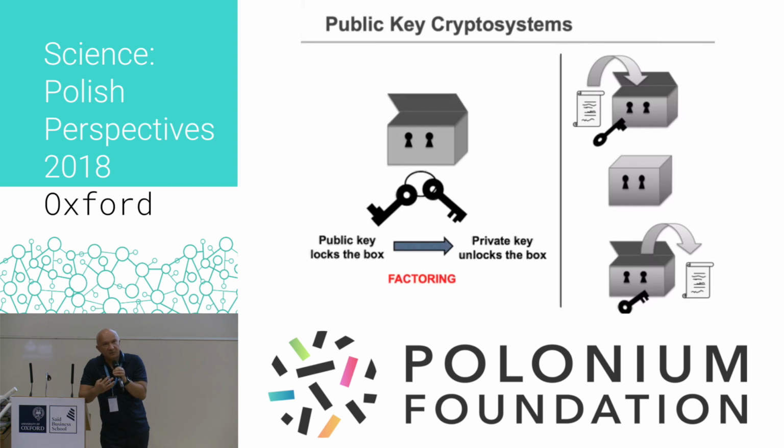Difficulty is measured by how much time or memory or computational resources it would take as the size of the problem increases. In this case, it is factoring, meaning that given a number, you have to find prime factors. For example, if I give you the number 15, you immediately say, okay, 3 times 5. 3 is prime, 5 is prime, and 15 is therefore decomposed into 3 times 5, so that's the factoring.